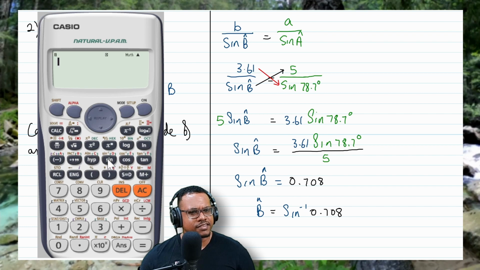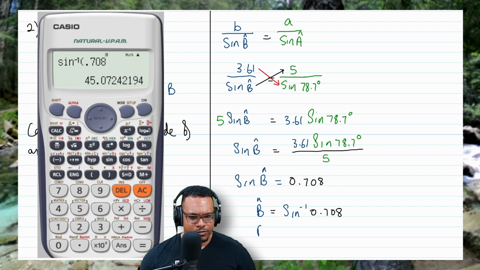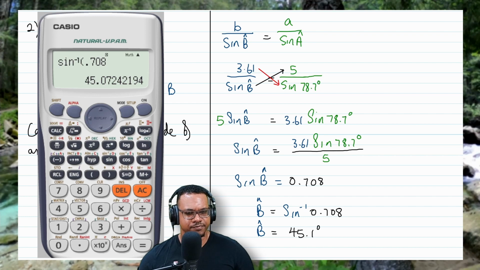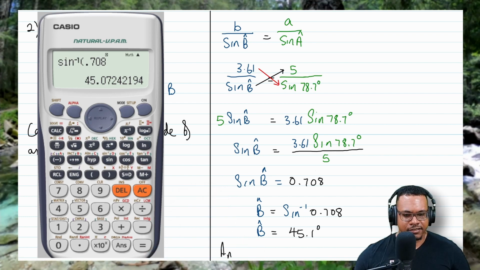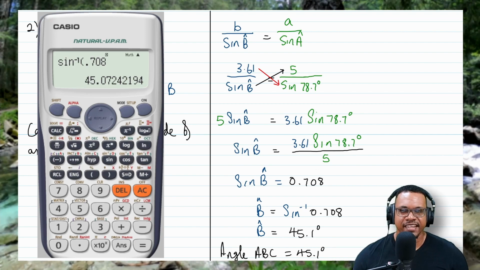So I'll press shift, then sine, and then put in the 0.708, press equal, and we get 45.07, which is approximately 45.1. So we have angle B is equal to 45.1 degrees. So therefore, angle ABC is equal to 45.1 degrees. And that would bring us to the end of this video.